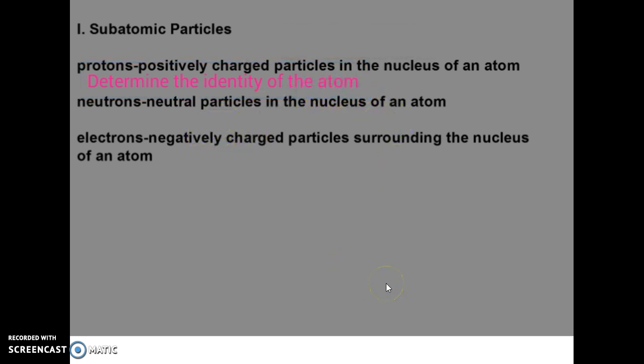What that means is, for example, all atoms that have 8 protons are always oxygen. All atoms that have 7 protons are nitrogen. Everything with 6 protons is carbon.